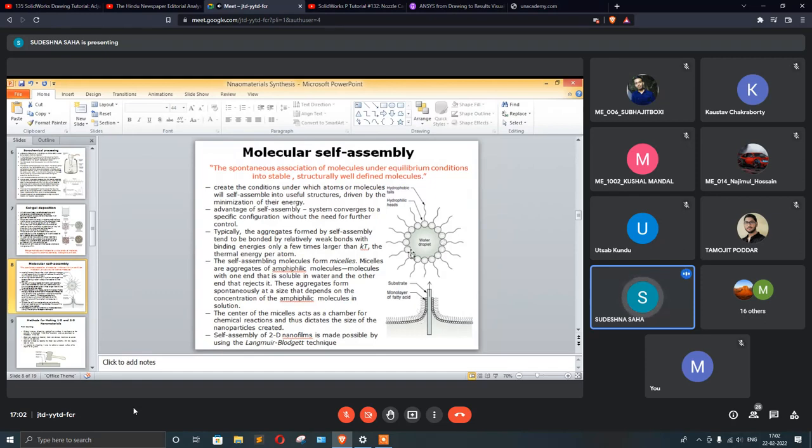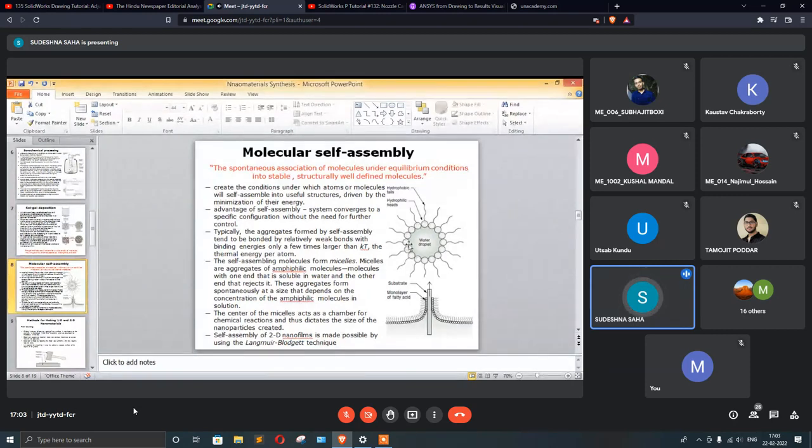So basically, suppose you put certain amphiphilic surfactants. Amphiphilic molecules have one end that is a hydrophobic head, and the other side is hydrophilic in nature. So one side hydrophobic, one side hydrophilic.